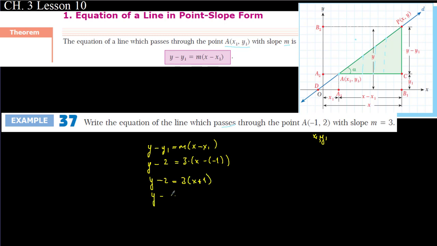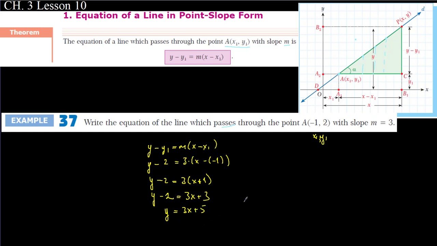Then y minus 2 is equal to 3x plus 3. Then we can collect all the terms to one side and we will get the form ax plus by is equal to c, or y is equal to 3x plus 5, which is also the equation of the line.